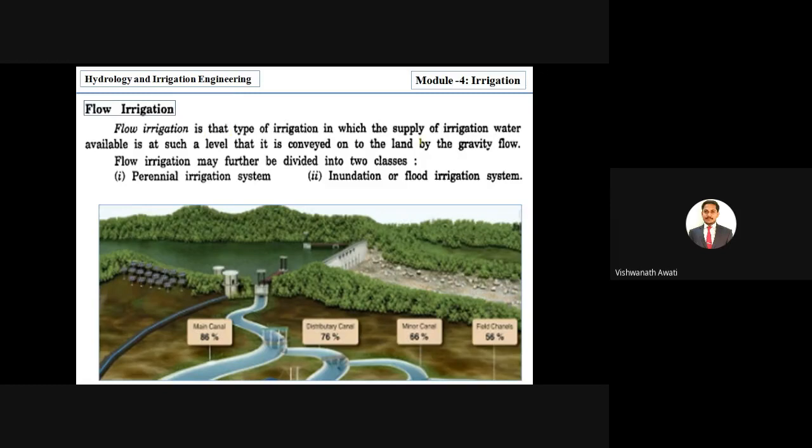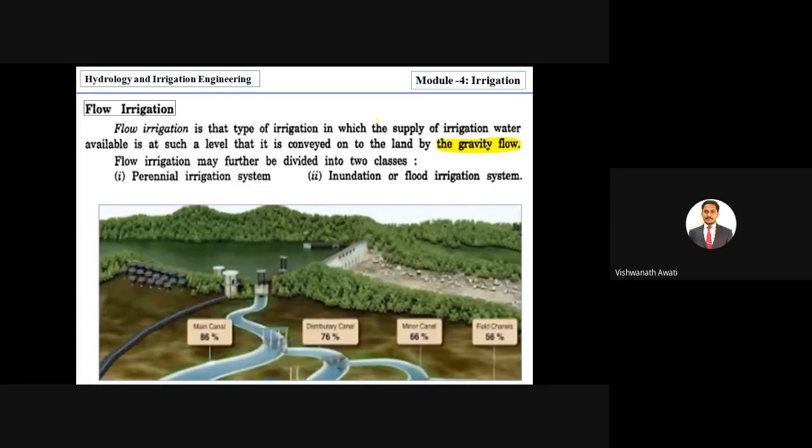In general, flow irrigation means the water at the source is available at the same level as the irrigation land, so the water can easily flow to the land by gravity, without any external source of energy to supply the water.